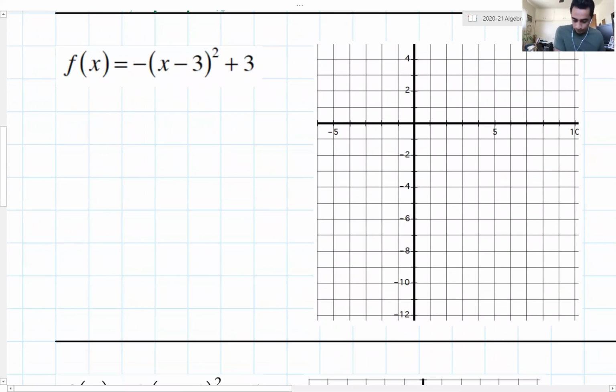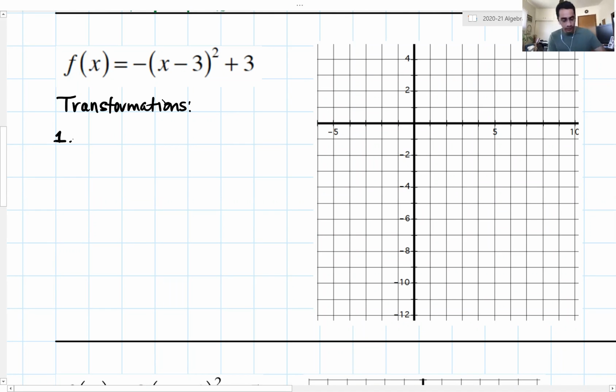All right. So first things first, let's talk about those transformations, right? We describe the transformations, we get a better idea of what this graph is doing, where it's headed, where the vertex is, all that good stuff. Okay, so here we go. Let's start with transformations. All right, what would be my first transformation for this function?